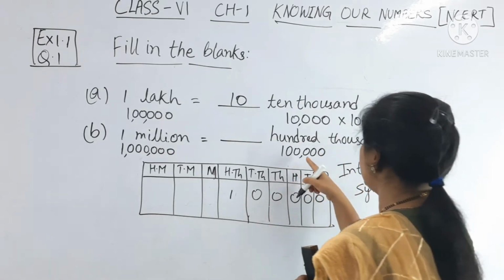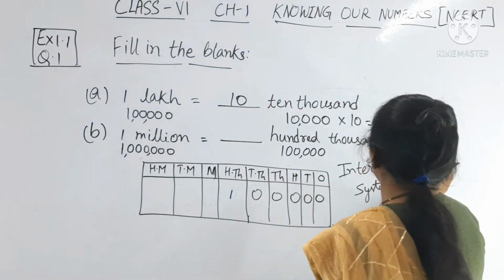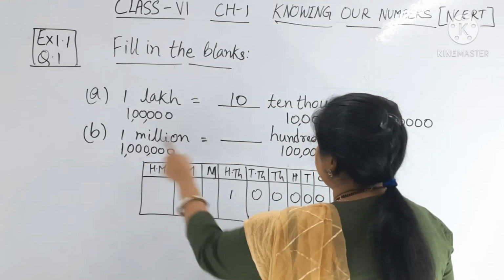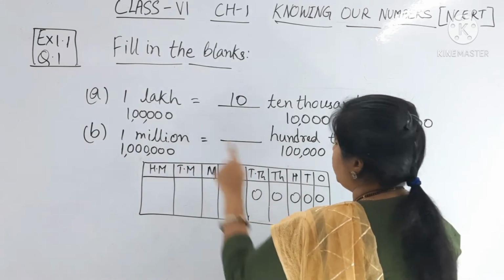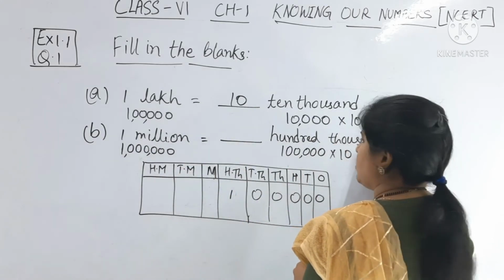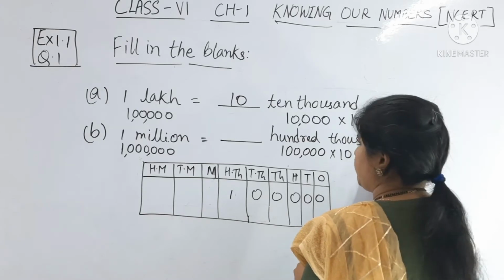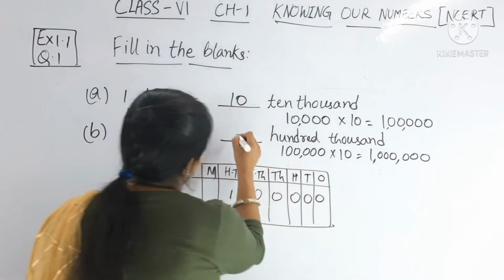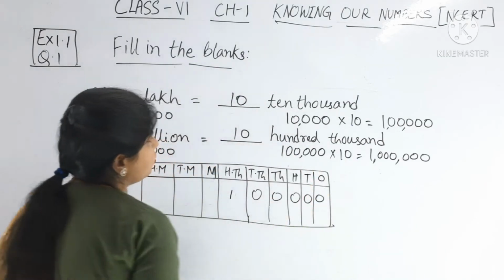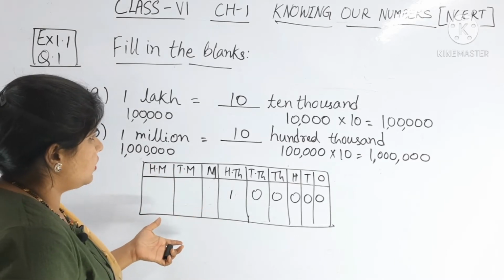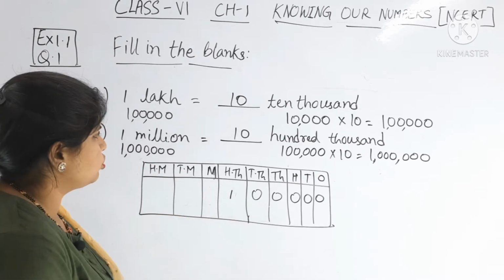That is 100,000. So how many 0s are less? 1 zero is less to make 1 million. So you can multiply by 10 and I am getting 1 million here. So what will be the answer here? 100,000. Like this you can simplify by making the place value chart.